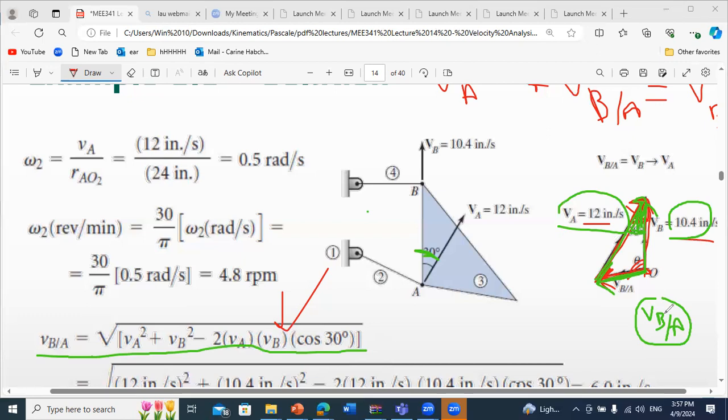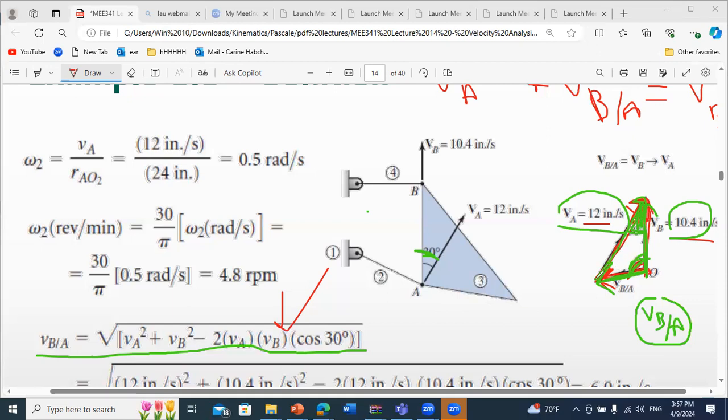Once I get the magnitude, I still need the direction. So I need to define the angle between one reference line, let's say the vertical, and VB relative to A. To get this angle, all I have to do is sine law, because now I know all magnitudes and I know one of my angles.